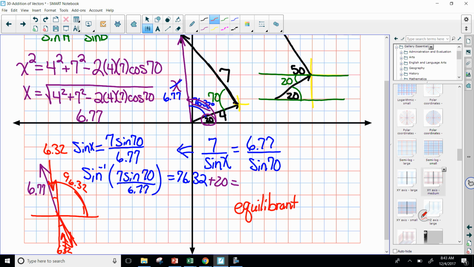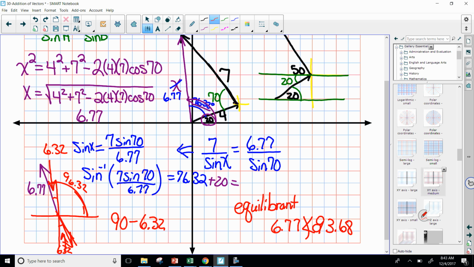So I could state my answer as 6.77 at what angle measure now, though? We're going to talk about 90, and we're going to have to subtract the 6.32, which is going to make it 83.68.